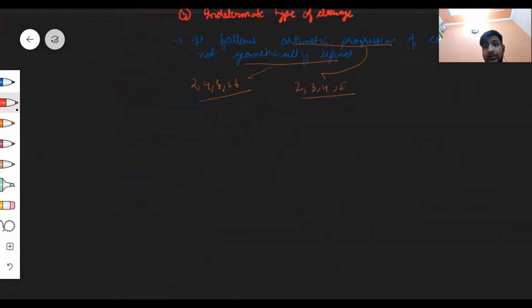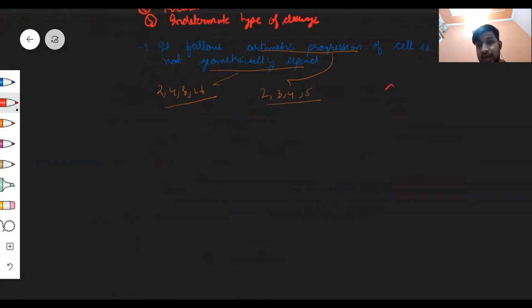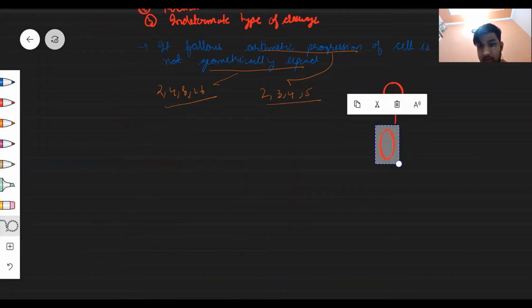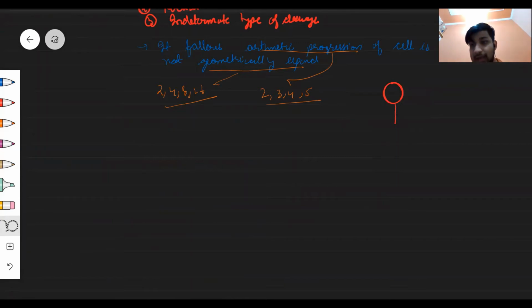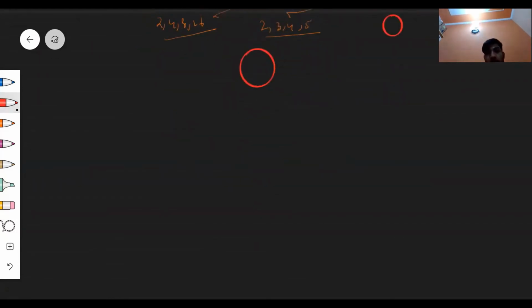After the cleavage, one cell is divided into two cells. This is a zygote.